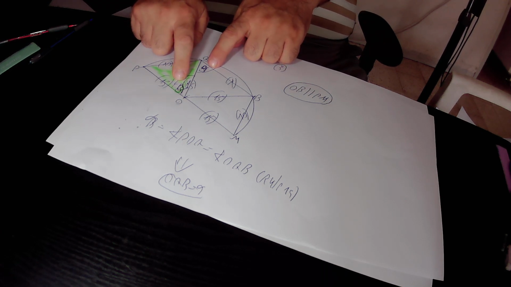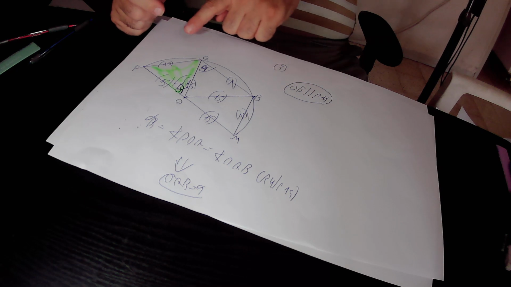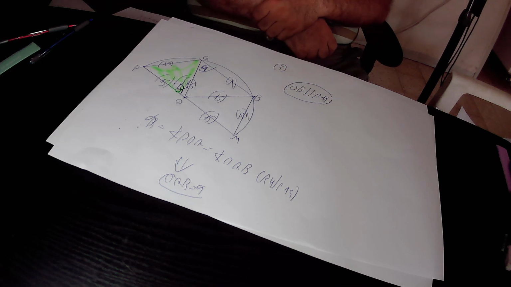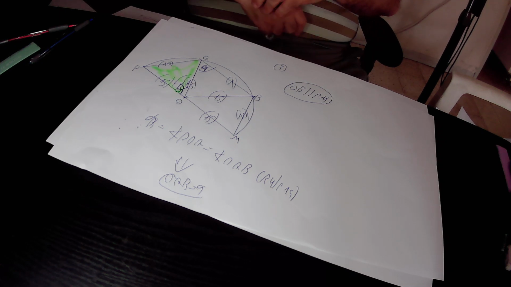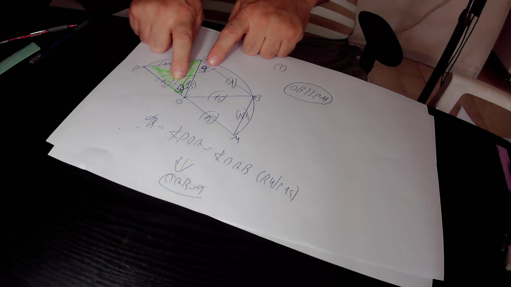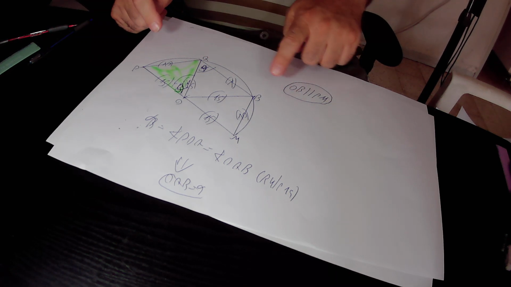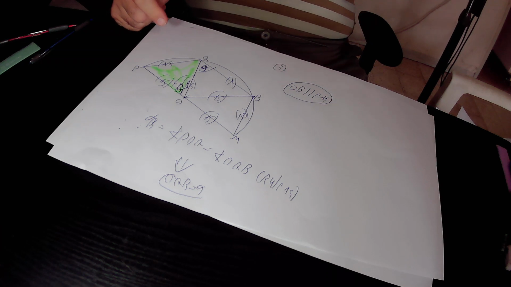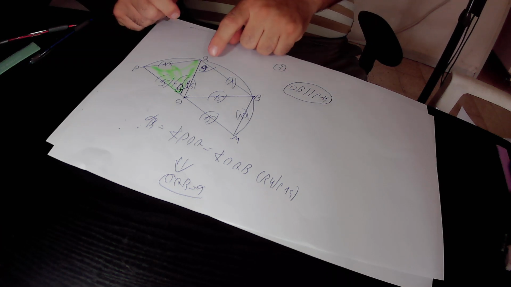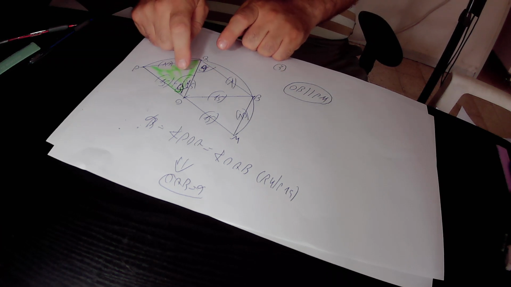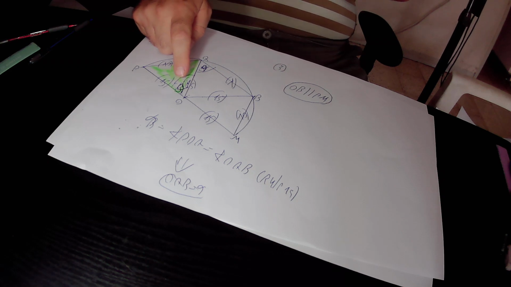According to rule 15, alternating angles between parallel lines are equal to each other, so they must be equal. So if this is angle alpha, then this angle must also be equal to alpha according to rule 15.